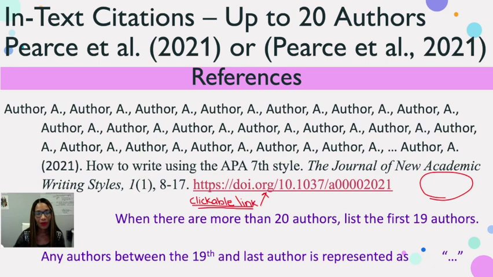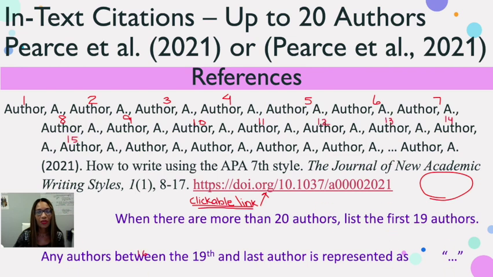In reference to how you make the references in your references section, say for instance I had 30 authors on a single article.